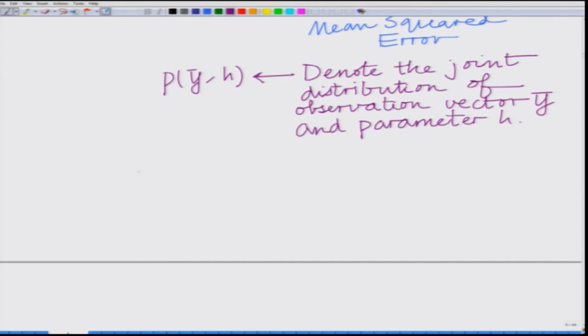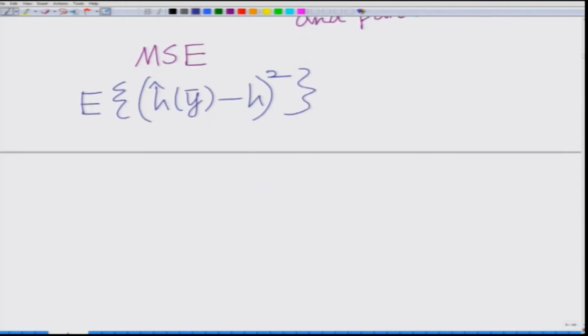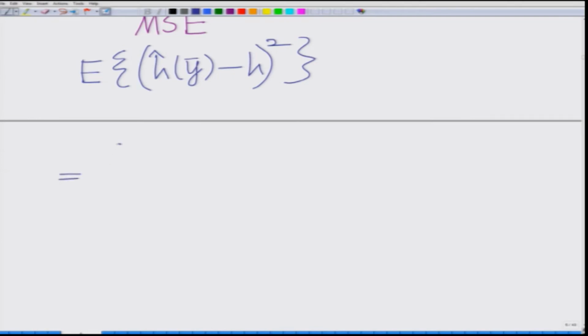So, the mean squared error, the MSE, which we have represented as the expected value of h hat of y bar minus h whole square, can be written, given the joint probability density function, as an integral. The expression inside is h hat of y bar minus h whole square, the squared error.